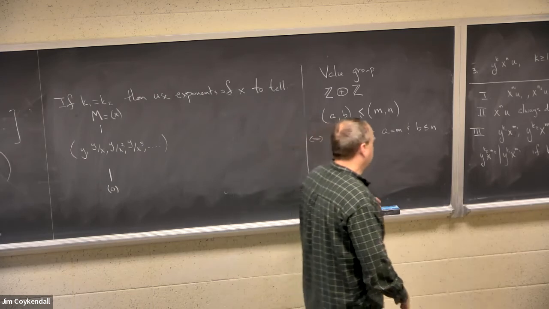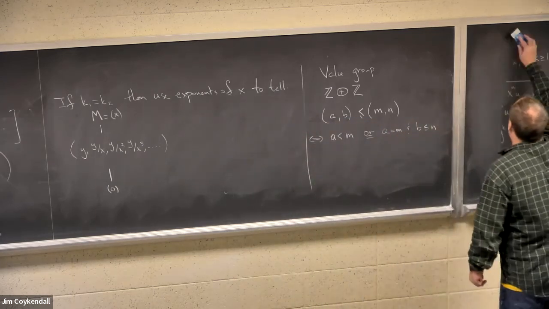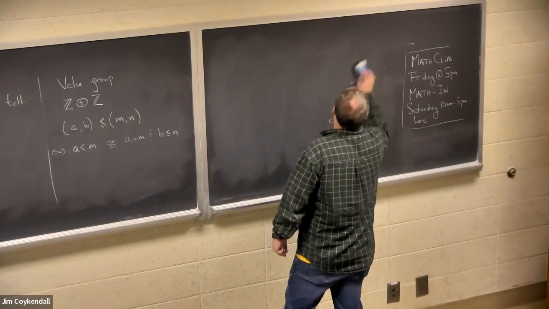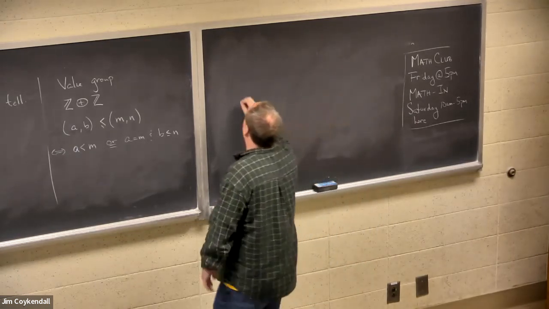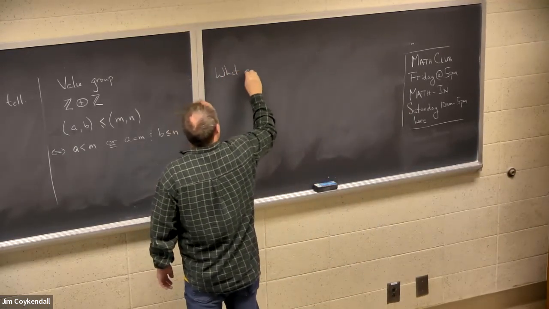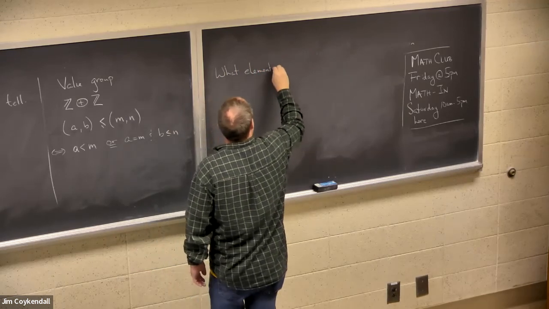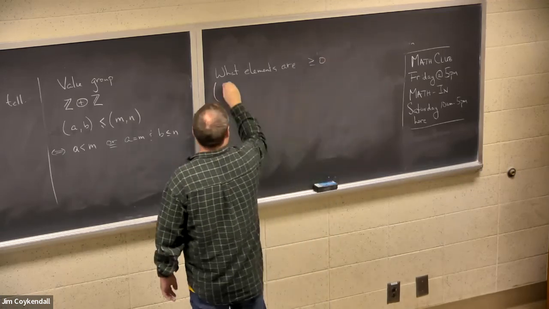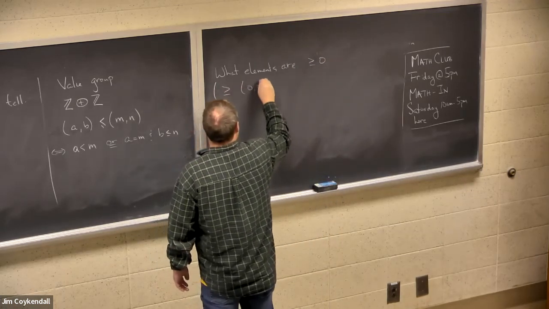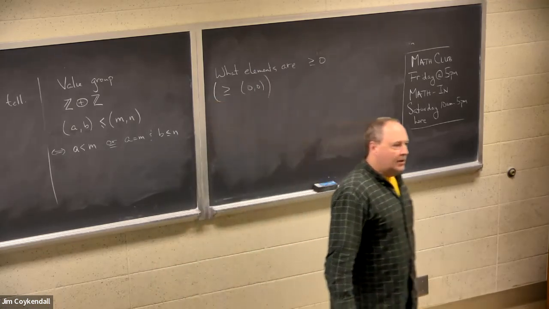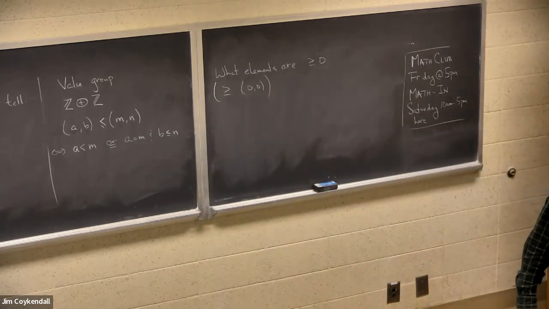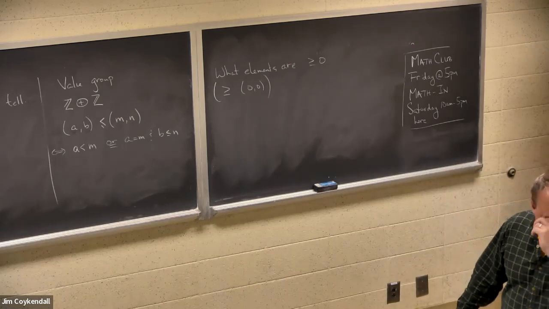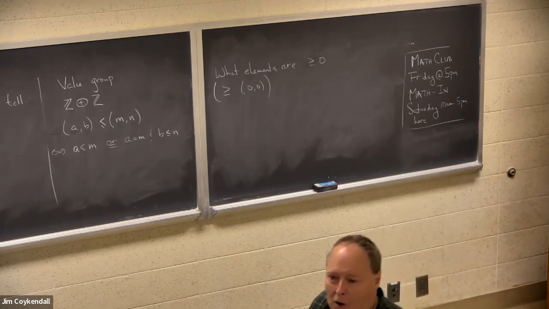What are the positive elements of this? So this is, remember, our valuation domain, right? I mean, this value group is basically the quotient field. The valuation domain was all the stuff that was positive, right?